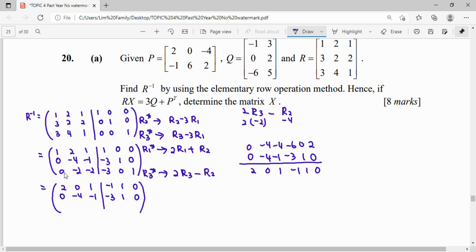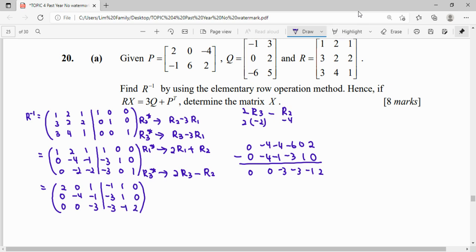Then this is my row 2, and I subtract. After subtracting, it's 0, 0, -3, then -3, -1, 2. So my new row 3 will be 0, 0, -3, and then -3, -1, 2.